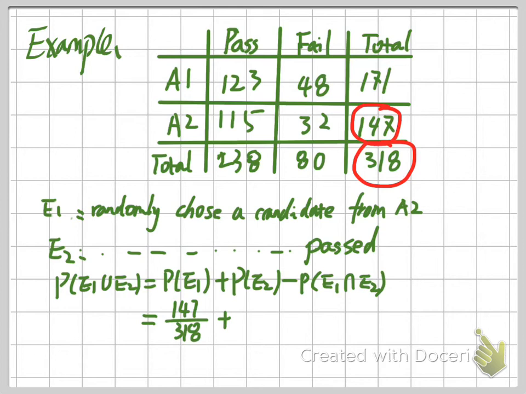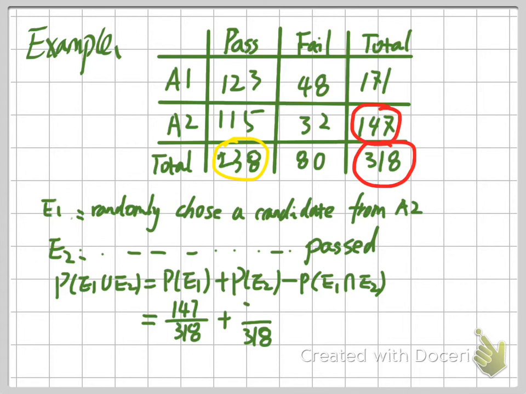For the second part, the probability of E2, the idea is similar. The total number is 318. Because each student only takes one exam, we think about how many people pass. The pass number is when we look at the sum, and in total it is 238.